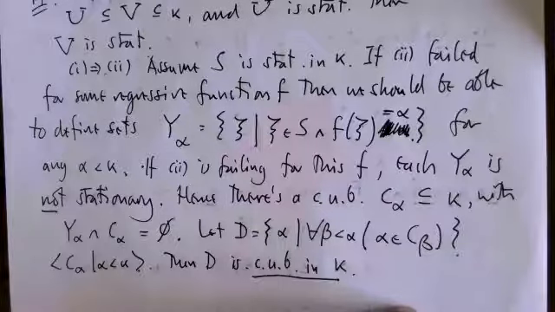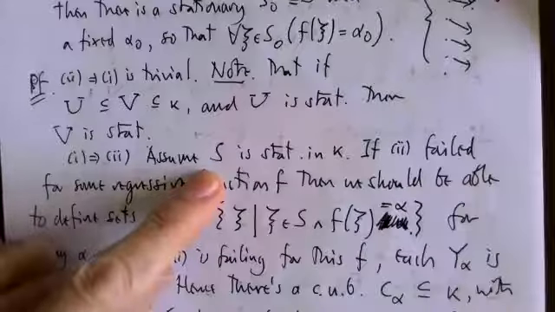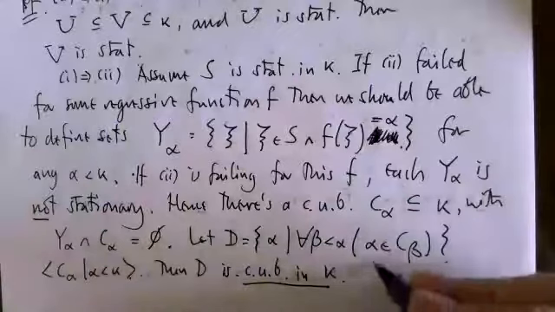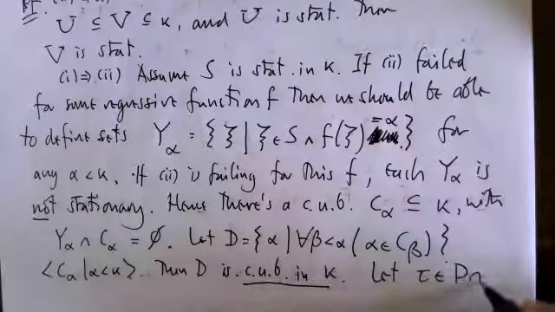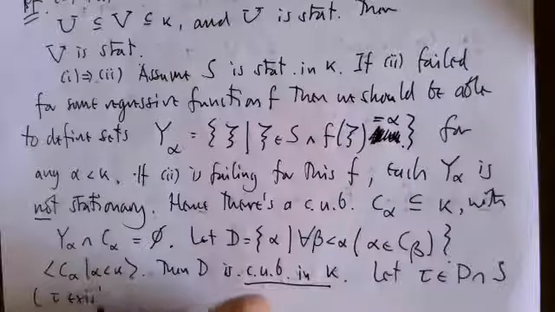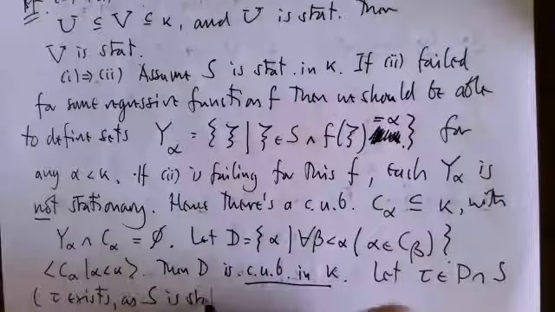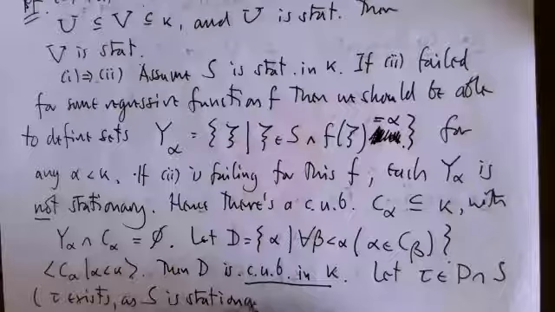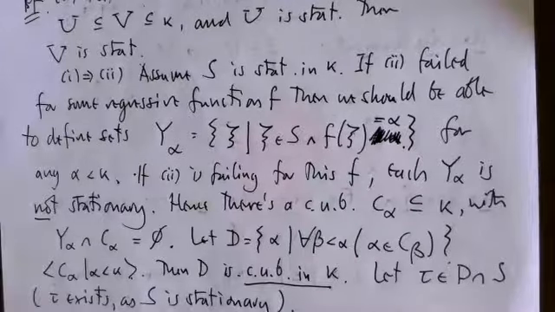Our original S, we assumed, is stationary. So S intersect D is non-empty. So let tau be in D intersect S. Tau exists as S is stationary. Now we're getting to a contradiction.